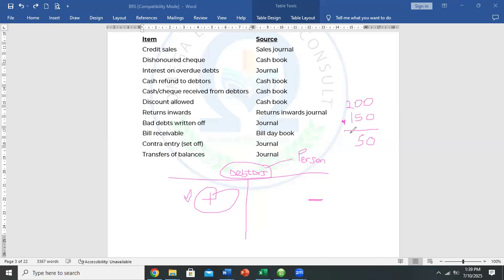So you see that the dishonor check would lead the debt coming back to its original state. And how is that possible? It would have to be increased by the 150 dishonor check. So the dishonor check is a reversal or is restating the debt. And the restatement is done by increasing the debt. So for that matter, dishonor check will be at the debit side.